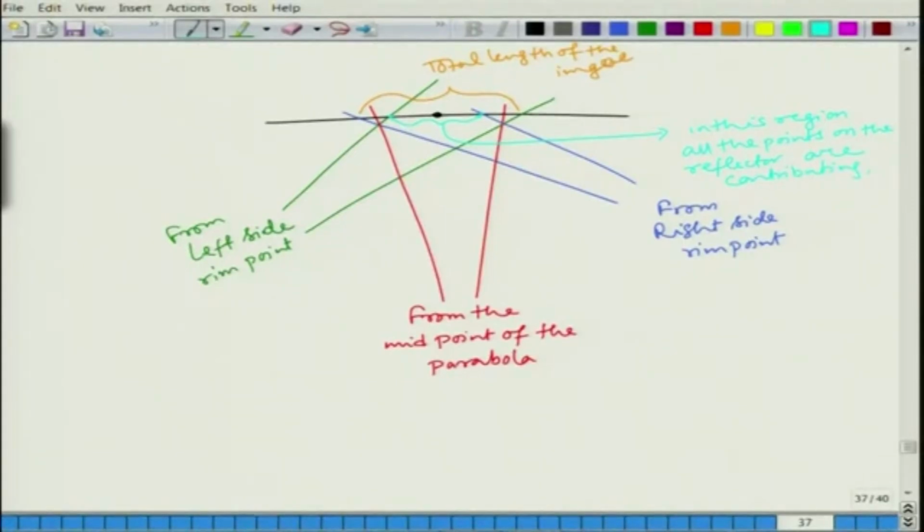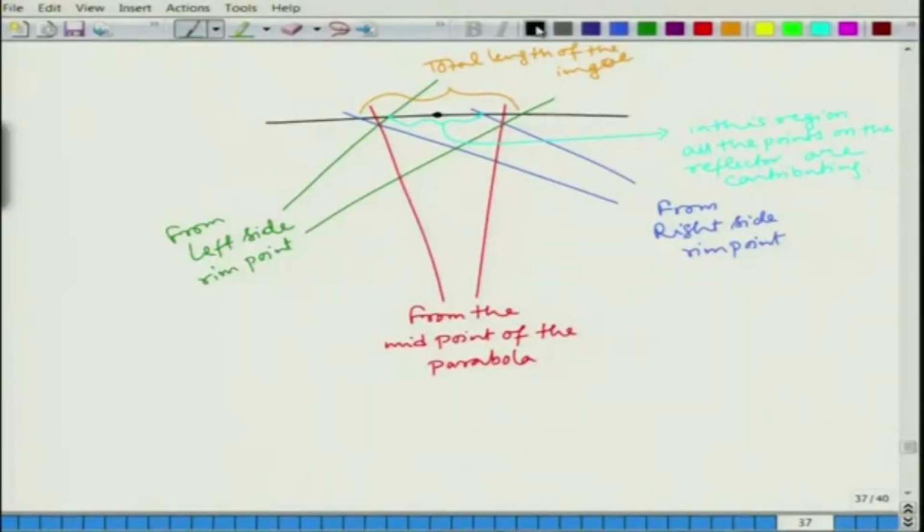But beyond that all the points are not contributing, few points are contributing. So, the intensity will be different. You have an image formed on the focal plane, but the intensity will not be equal everywhere. At the middle it will be higher and towards the edge it will be less.